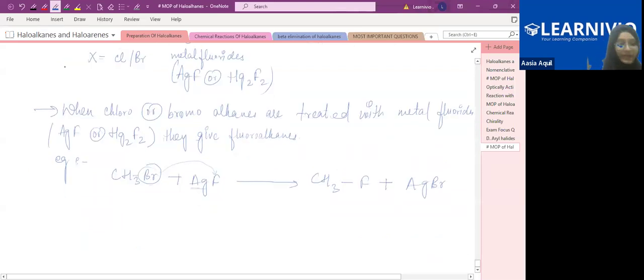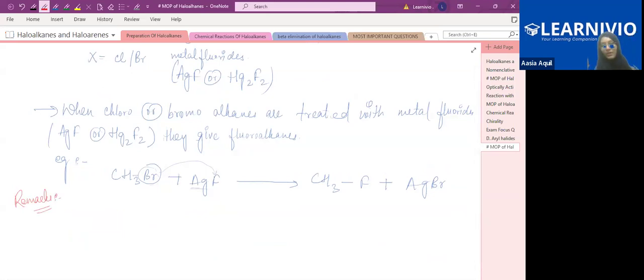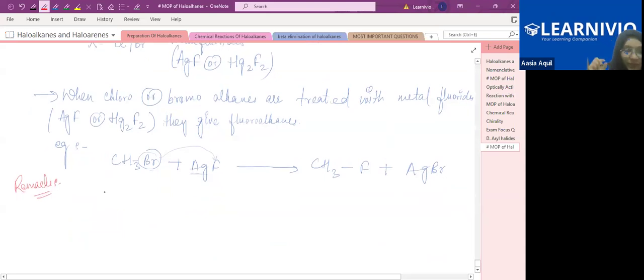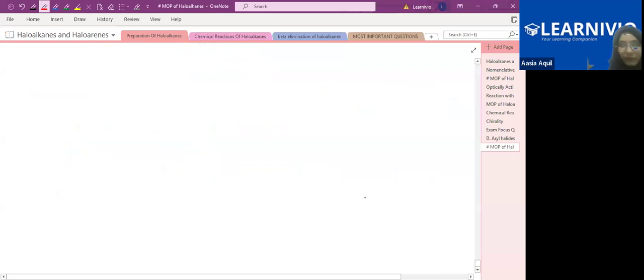Okay, now write down in the remarks part. Remarks: as you have seen here, direct fluorination and direct iodination we don't prefer. The reason is that fluorine is the most electronegative and most reactive.